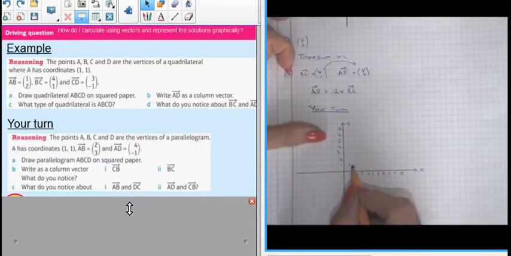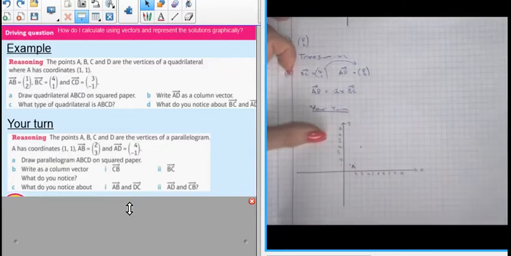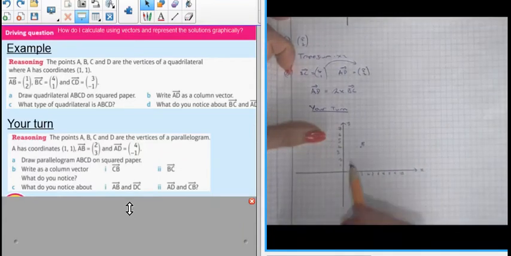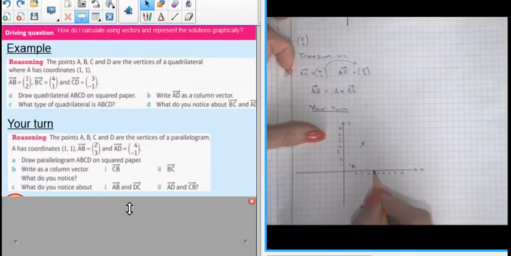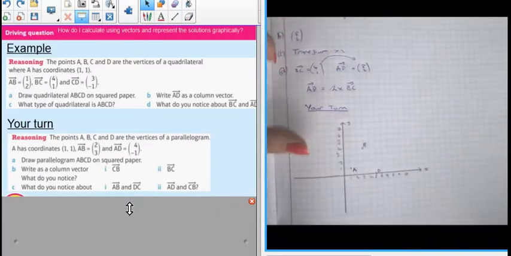Vector AB is (2, 3), so that's 1, 2 to the right and 1, 2, 3 up. That tells me that that's B. And vector AD is equal to (4, -1). So from A I'm going 1, 2, 3, 4, minus 1. That gives me D.